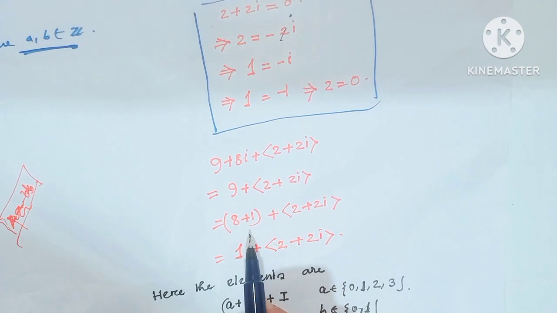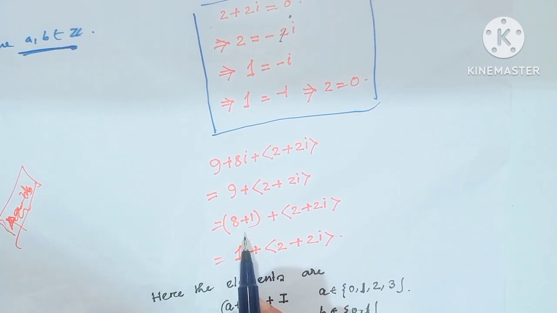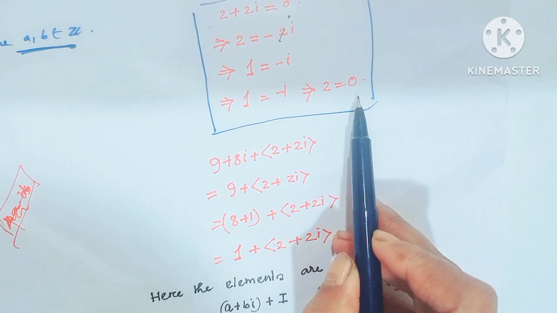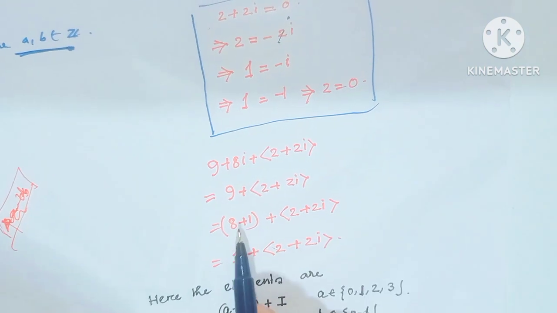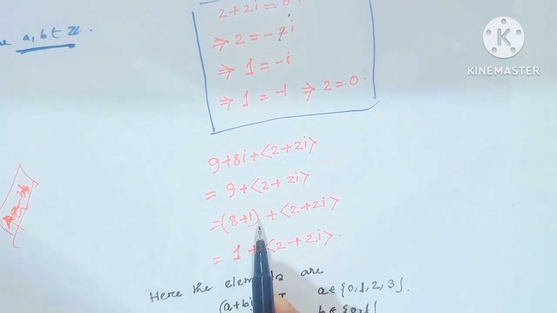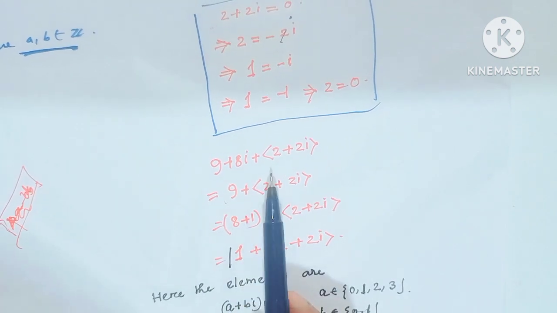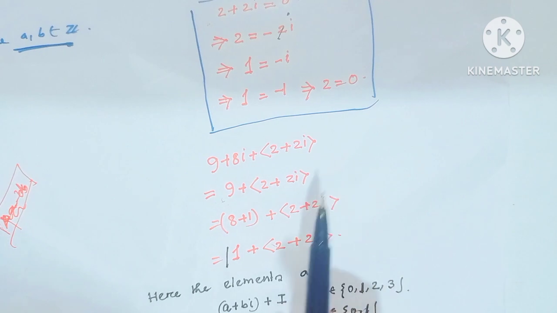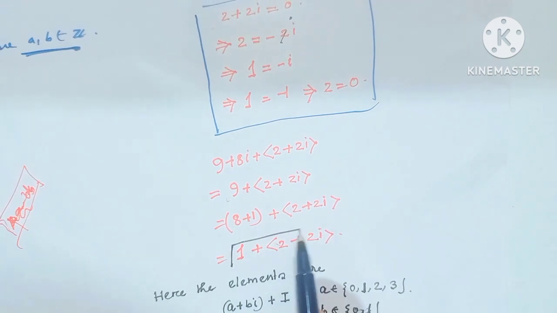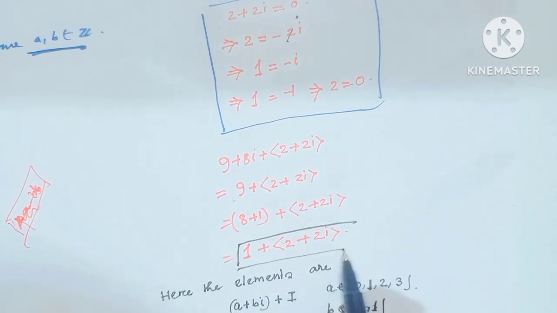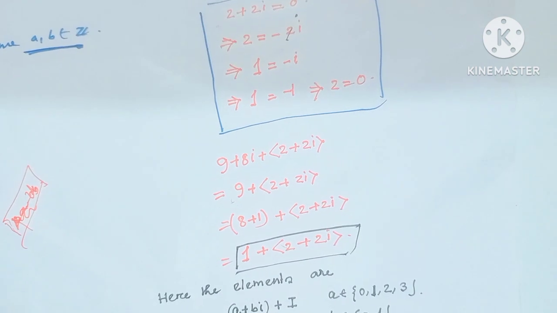And 8, since I have got 2 equal to 0, obviously 8 would also be equal to 0. Therefore, the element 9 plus 8i plus the ideal generated by 2 plus 2i is actually equal to 1 plus the ideal generated by 2 plus 2i.